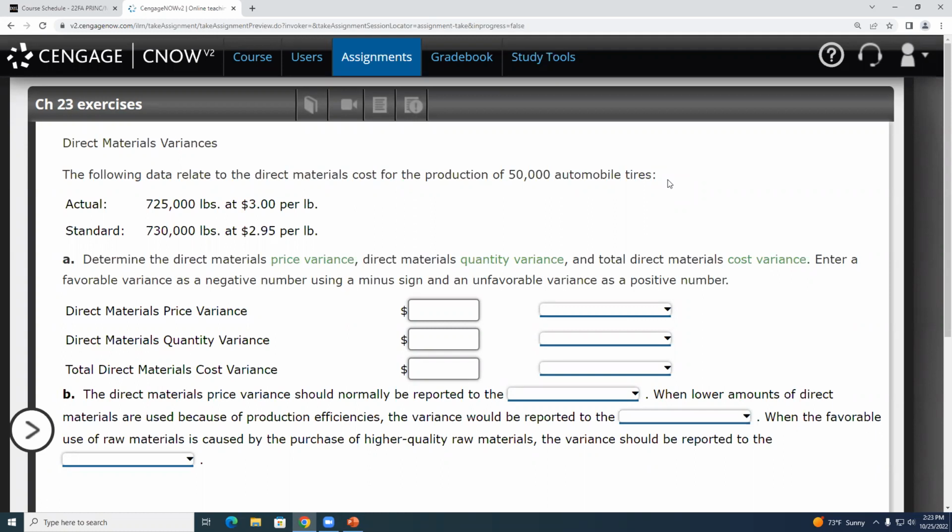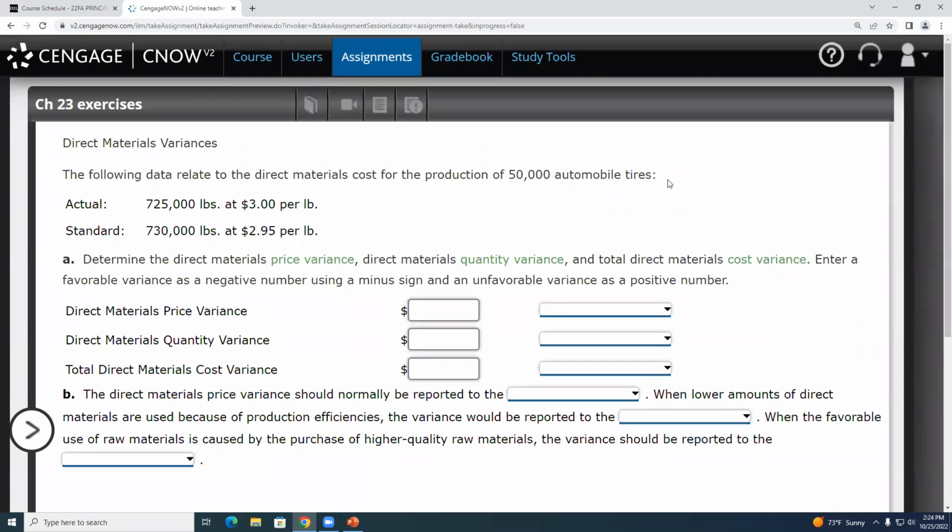The following data relate to the direct materials cost for the production of 50,000 automobile tires. We expected to use 730,000 pounds, but we actually used only 725,000 pounds. So what do we know already? The quantity variance: we used less than we expected.